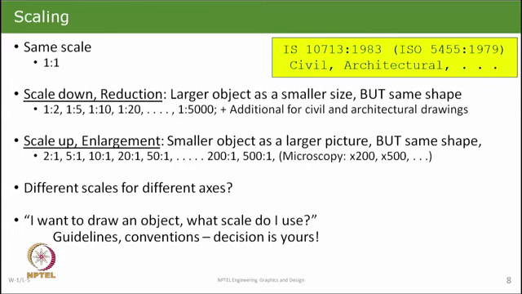So, to review what we have done, we can scale it as we saw in this picture also, and the Indian standard that deals with scaling is IS 10713, which is identical to International Standards Organization ISO standard 5455. And there are similar scaling requirements for civil drawings, architectural drawings and some other drawings.